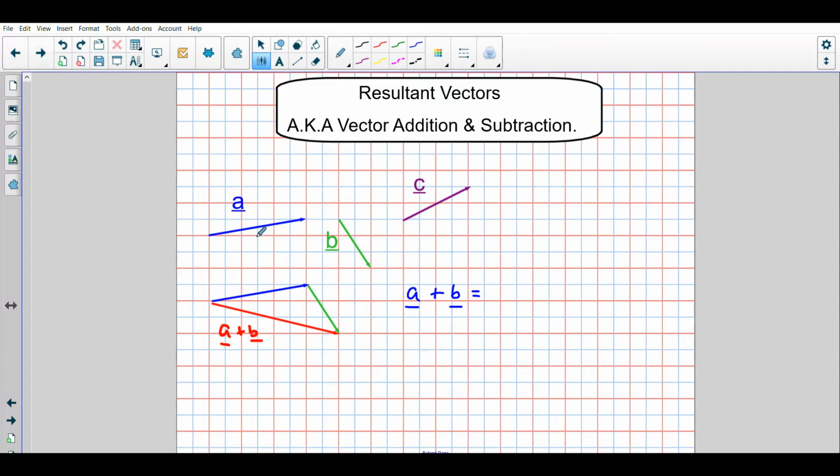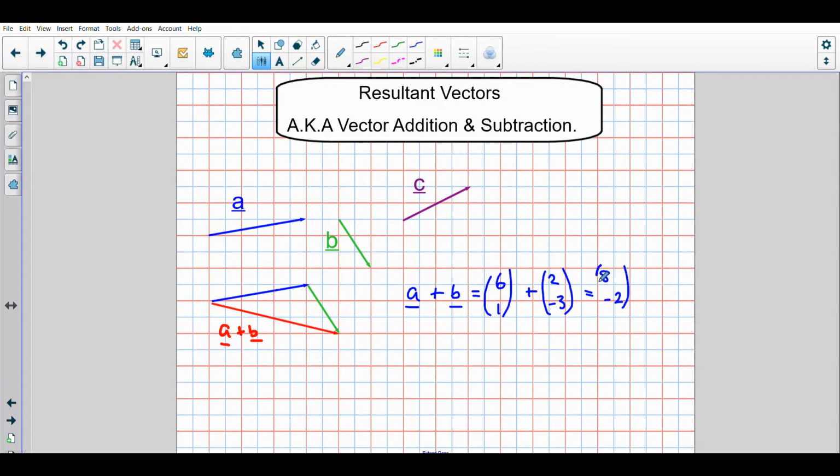Now this vector A, we can see is 1, 2, 3, 4, 5, 6, 1. So that's 6, 1. And we're adding onto it vector B, which is 2, negative 3. Now when we look at our answer here, we can say, well, our answer is 2, 4, 6, 8, and we've gone down 2, so negative 2.